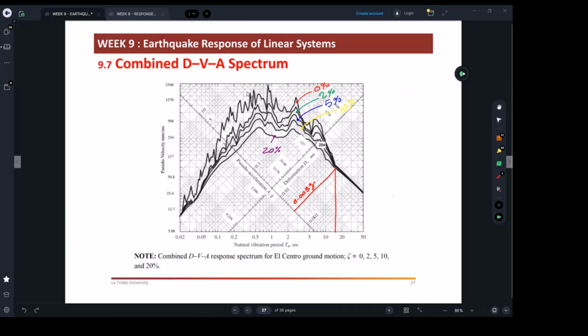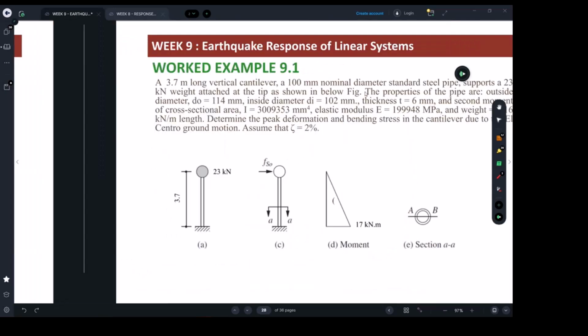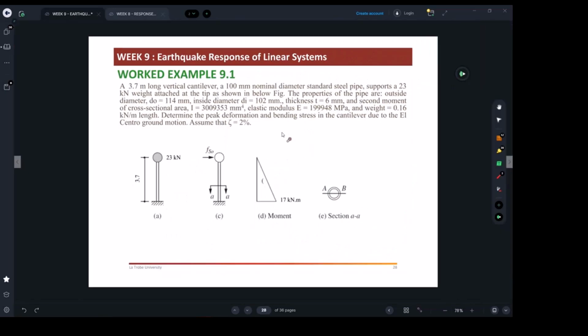And again, you're going to be asked to use this chart in the exam. So again, make sure you know how to use it, you know how to apply. I think this one is just an answer for one of the questions we will have in our example, which is coming next.